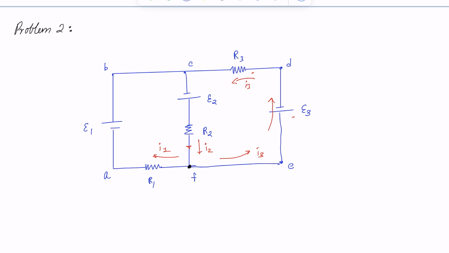I2 will be the same here, okay? I1 will be going down here. That is why I only specified 3 currents, because 3 were enough to make sure that every element in this circuit has some current through it, okay? So I'm going to delete these arrows for now, but remember this I3 is going in like that, but only to this point, not through I2. I1 is going through epsilon 1 and R1, and I2 is going through R2 and epsilon 2.